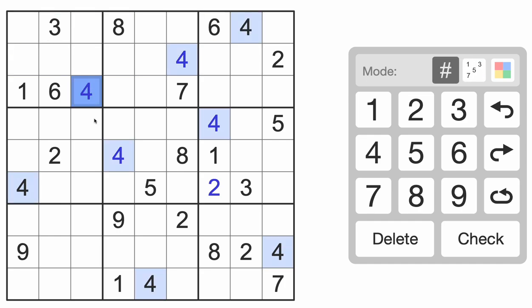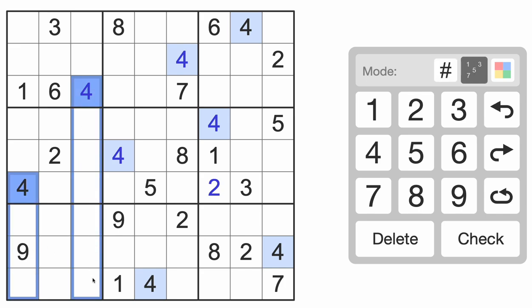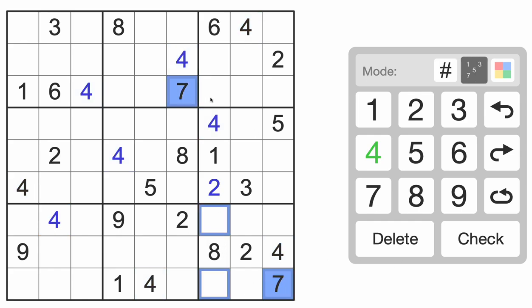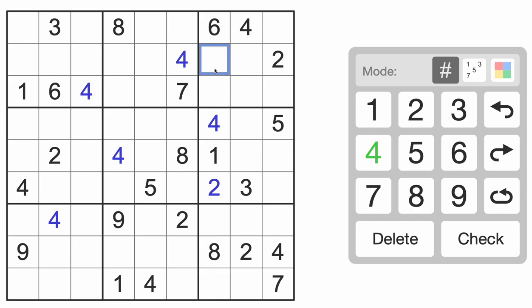And that will let me place the last 4 in box 7. So 4 will be here. And I can now place 7 on column 7. This 7 blocks these. This 7 blocks here. That will give me 7 here.